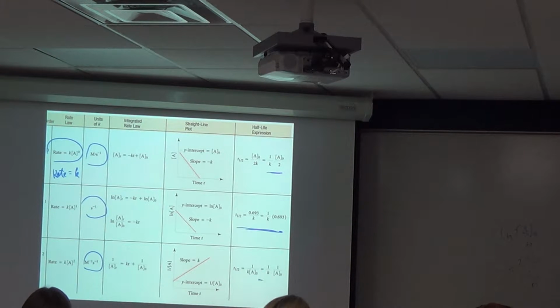And here, if you have more, you take less, because your rate depends on the square of your concentration. And in the middle, the first order is kind of out. All right, so that is about these few equations. Any questions?